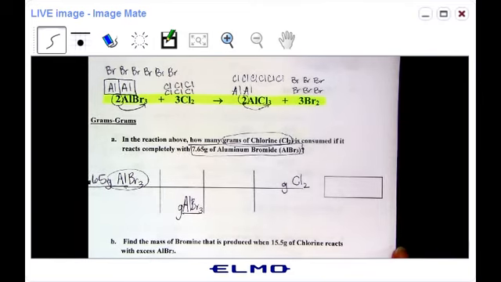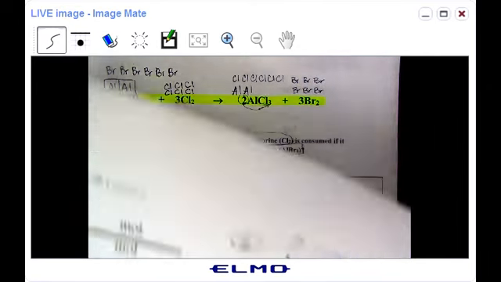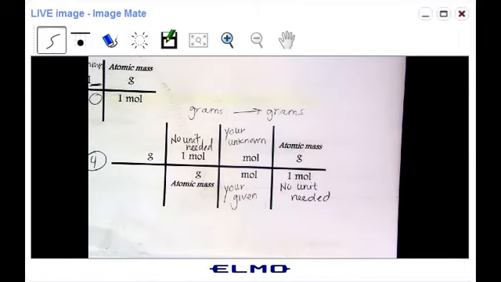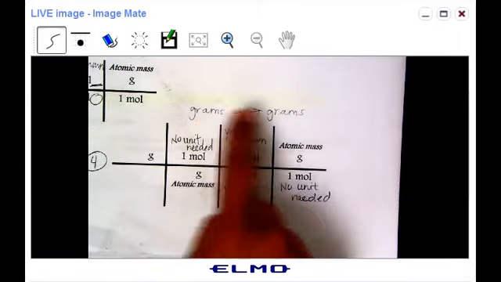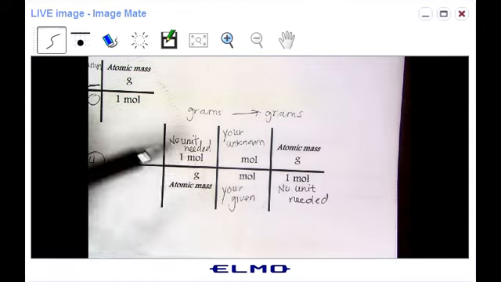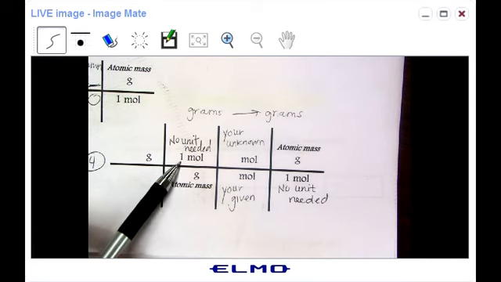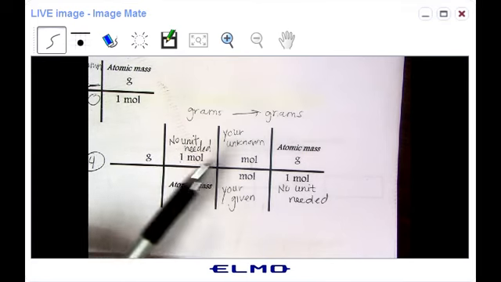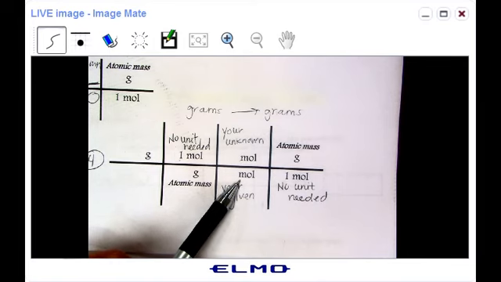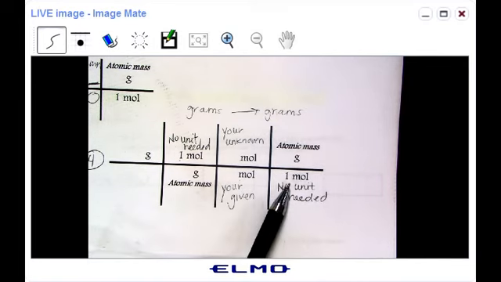I'm going to refer back to my T-charts to figure out what I'm given. I was given grams, and I'm looking for grams. What chart am I going to copy? It's going to be this one, because I was given grams, I'm looking for grams. So it says I can put 1 mole on top, and then the next box goes mole, mole, and then 1 mole on the bottom.